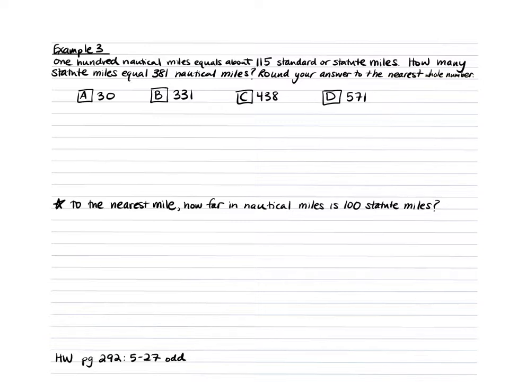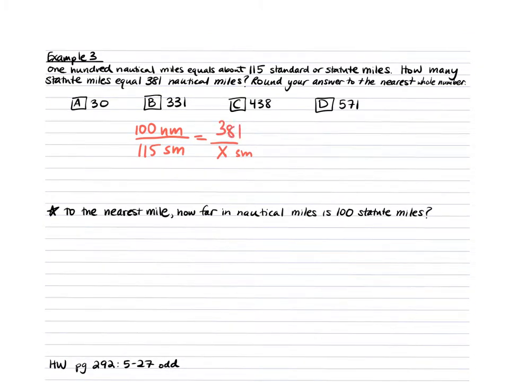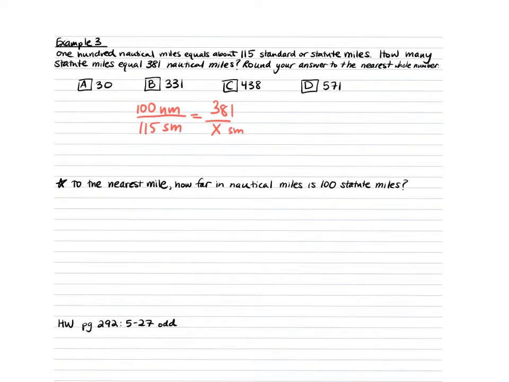If we have 100 nautical miles and 115 statute miles, that equals how many statute miles? Since we have nautical miles on top and statute miles on the bottom, we're going to put our x on the bottom here. x statute miles equal about 381 nautical miles. So we set up our proportion.